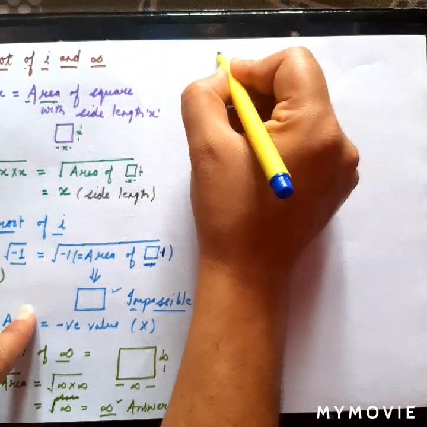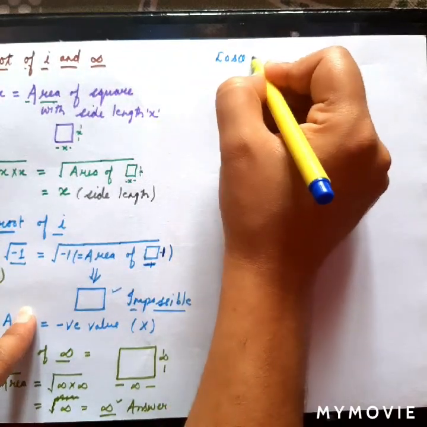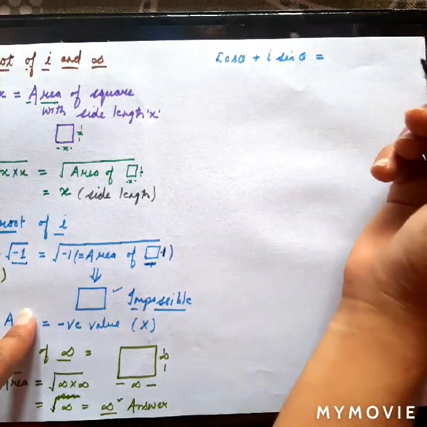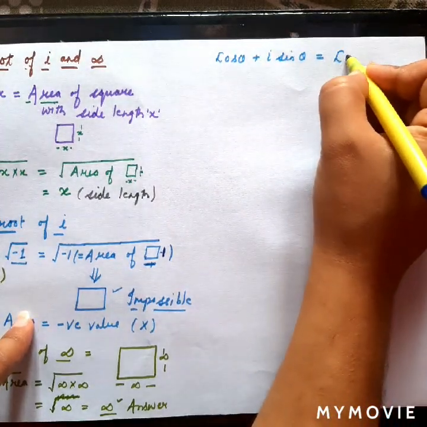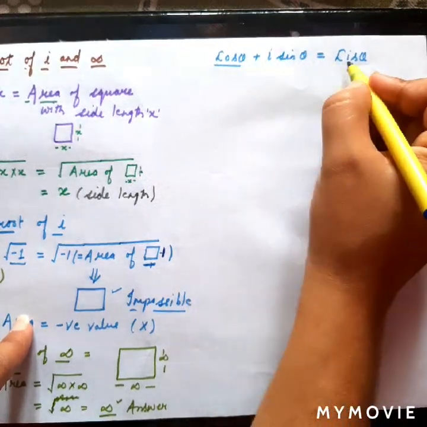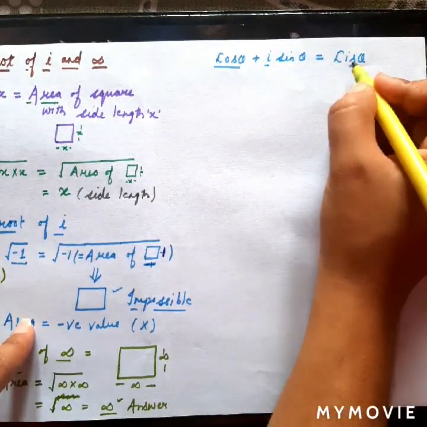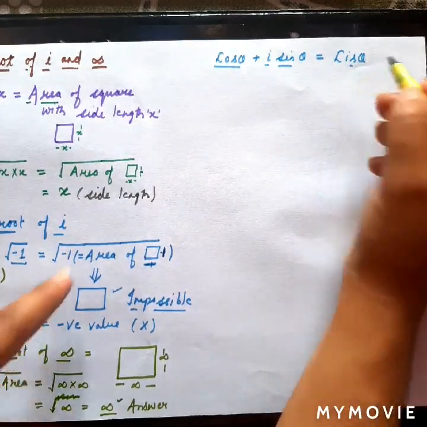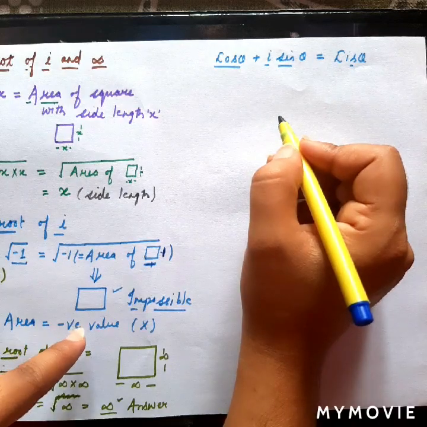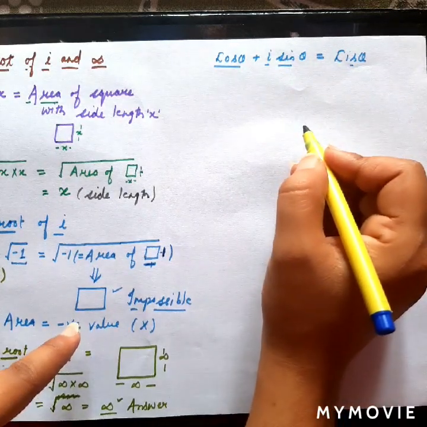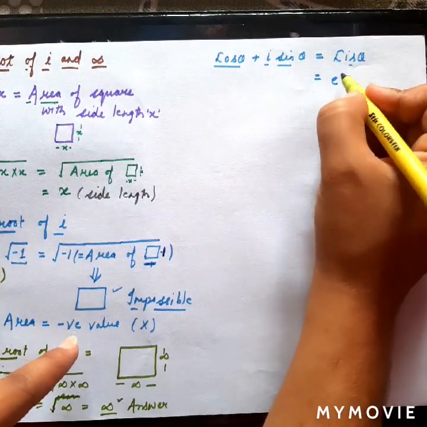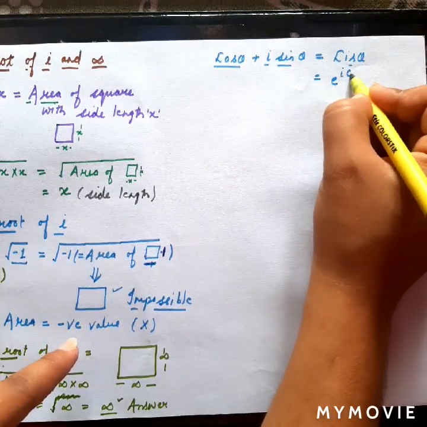For example, we have cos theta plus iota sin theta. This can also be represented by cis theta. C for cos, iota for iota, S for sin theta, and theta is for the angular values of this expression cis theta. And this is also represented with the help of e raised to power iota theta.